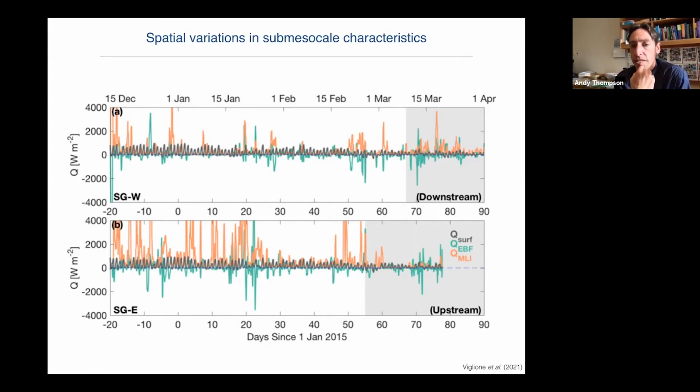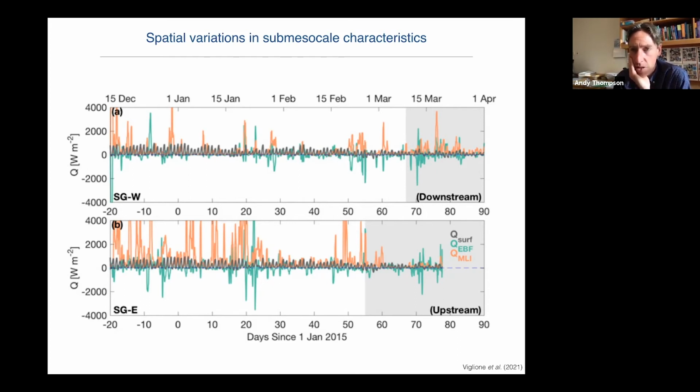But the orange and green curves are essentially parameterizations of the submesoscale contribution to the heat flux in the upper ocean, from mixed layer baroclinic instability in orange, and the second buoyancy flux in green. The only thing I want to point out is that the magnitudes are much larger. I think I've mislabeled these. They're much larger in the downstream region.